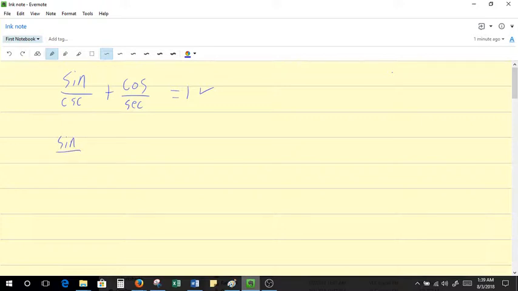Sine over 1 over 1 over sine, and cosine over 1 over 1 over cosine. So if you're confused about what's going on here, if we look at it like this, we could agree that sine is the same thing as sine over 1, and cosine is the same as cosine over 1.